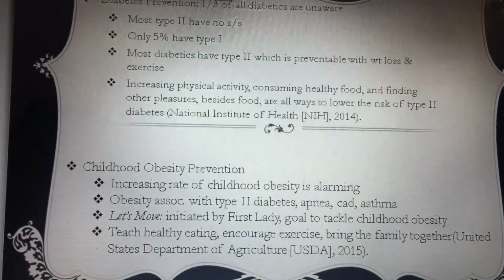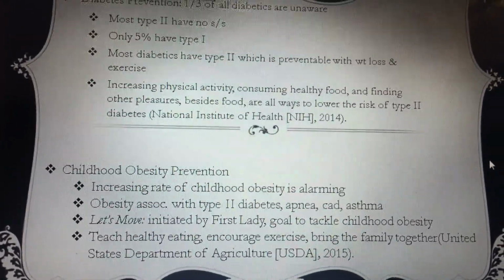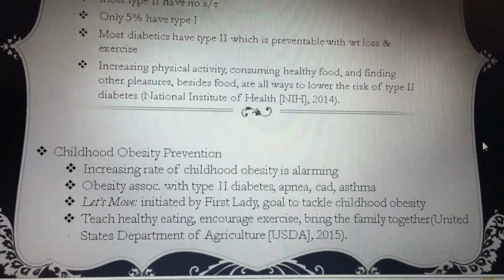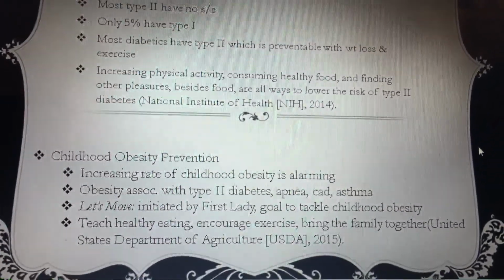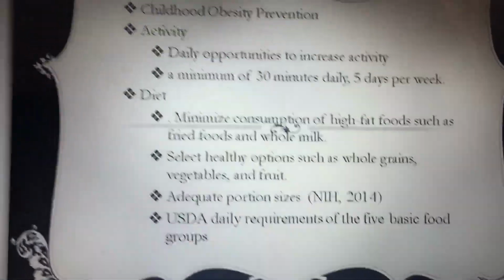First Lady Michelle Obama initiated a program called Let's Move, and the goal is to tackle childhood obesity. It is to teach healthy eating, encourage exercise, and to encourage the entire family to make these changes together.